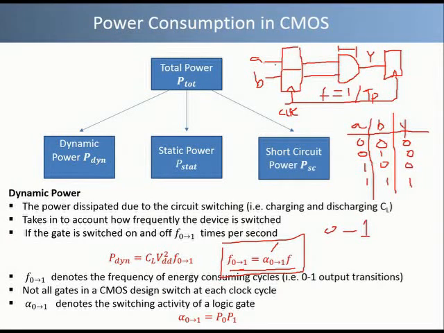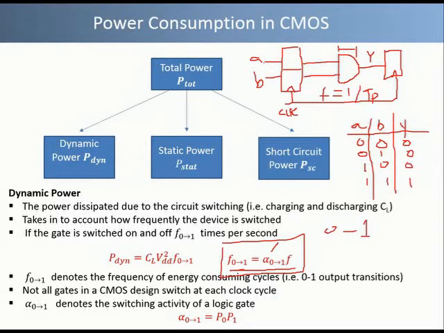Now it is not always possible that the output node shows a 0 to 1 transition for each set of inputs, because if you look at the truth table over here, we see that the output node only charges when both inputs are 1. So normally it happens that at the output node the energy consuming 0 to 1 transition takes place a certain percentage of the total number of times the input changes.